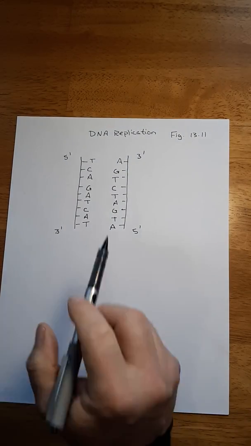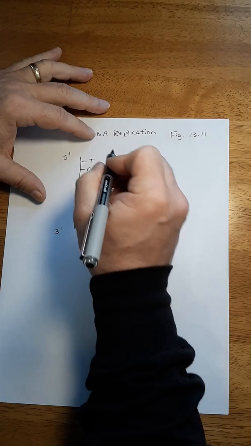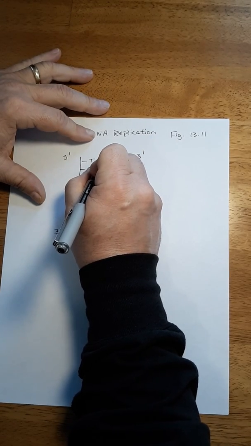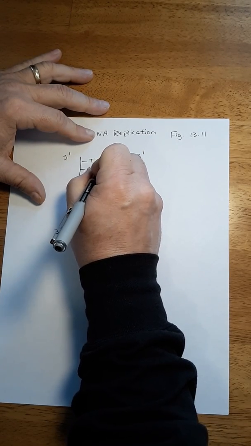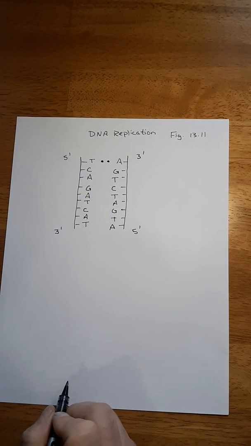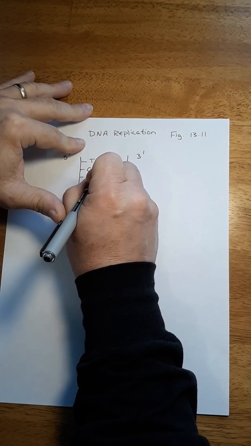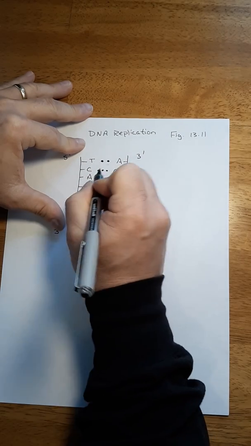And there would be hydrogen bonds between each one of these. I think I'll just use little dots instead of lines. It'll be easier to follow. Between thymine and adenine, there are 2 hydrogen bonds. And between cytosine and guanine, there would be 3.